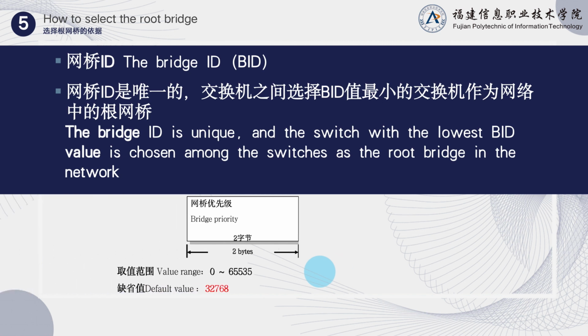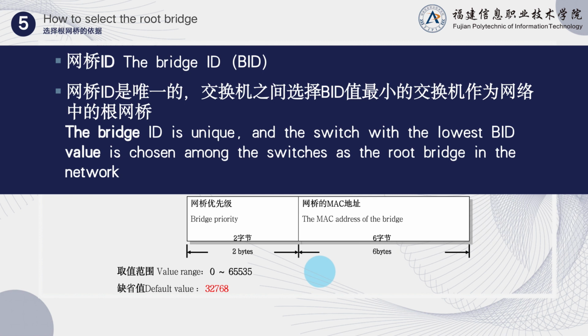The BID consists of two parts: 2 bytes of bridge priority, whose default value is 32768, and 6 bytes of bridge MAC address. Now, we are going to take the following topology diagram as an example to introduce the calculation process of STP.